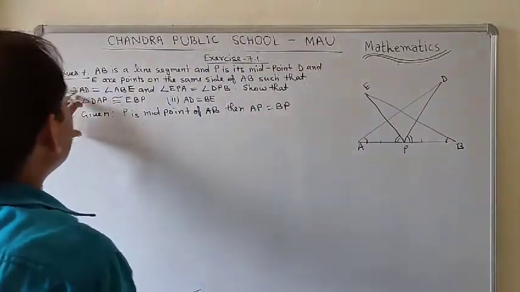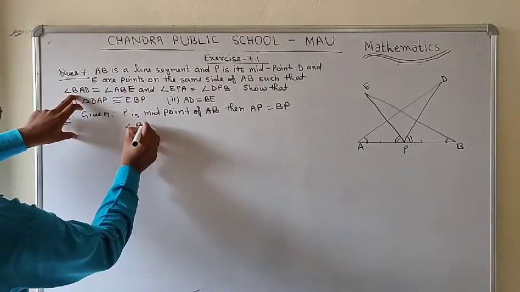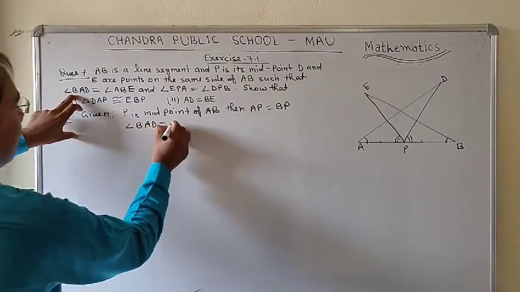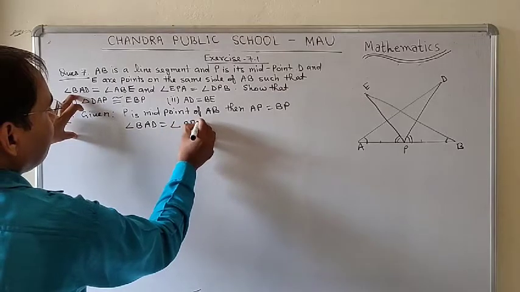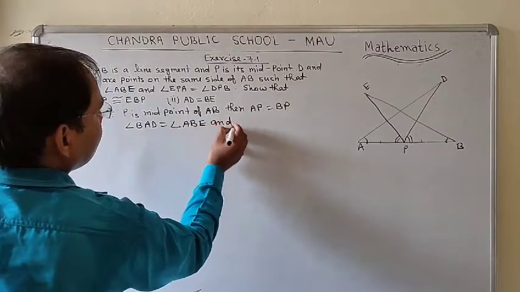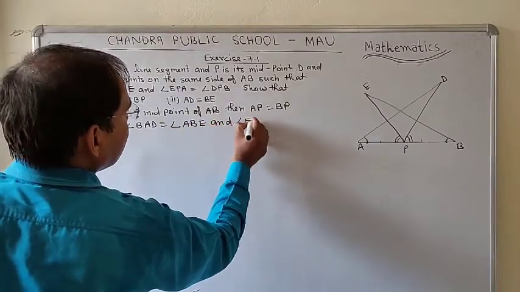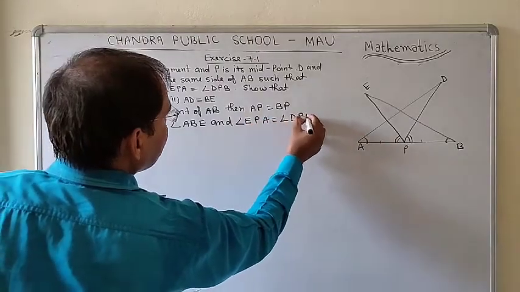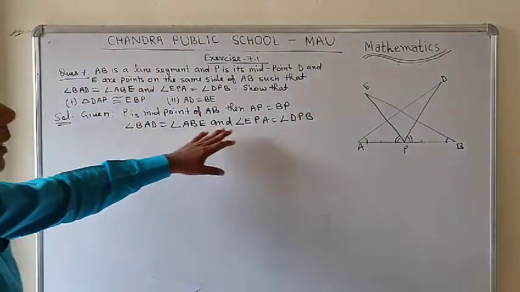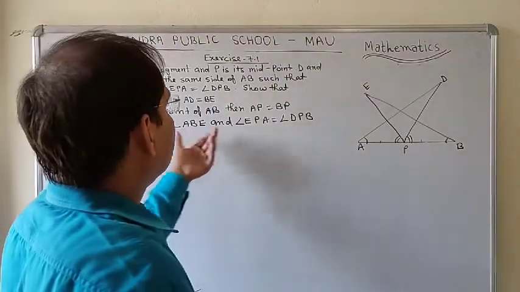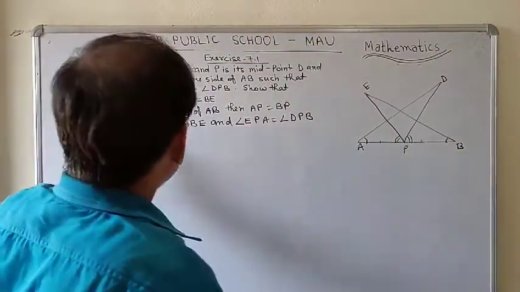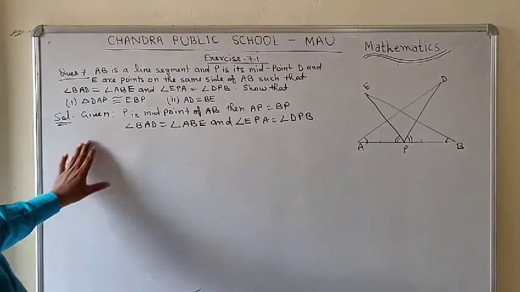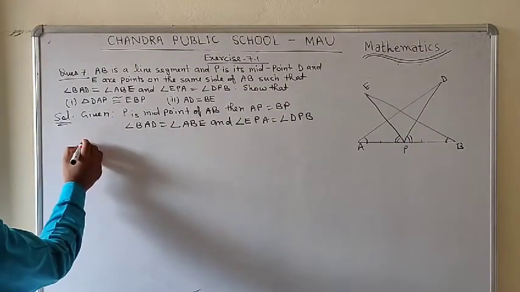Next, it is given that angle BAD equals angle ABE, and angle EPA equals angle DPB. So these two angle pairs are given equal in the question. Now what are you going to prove?